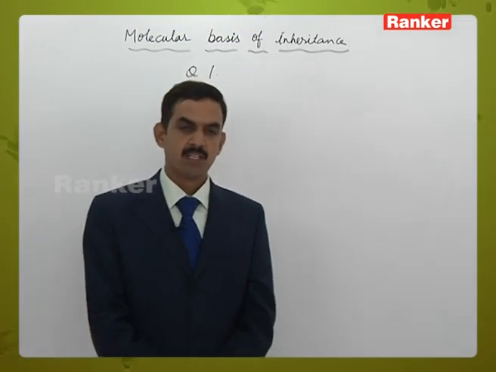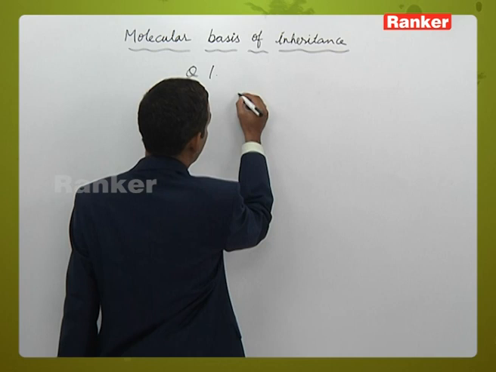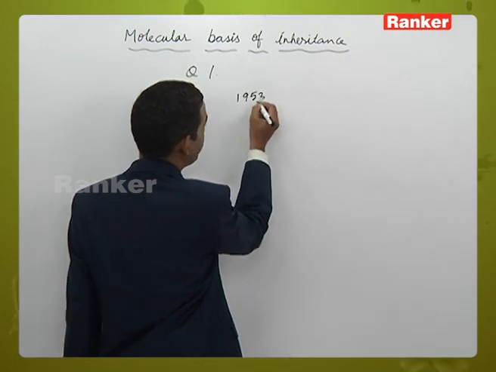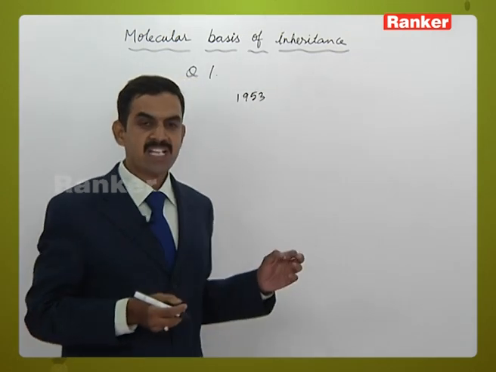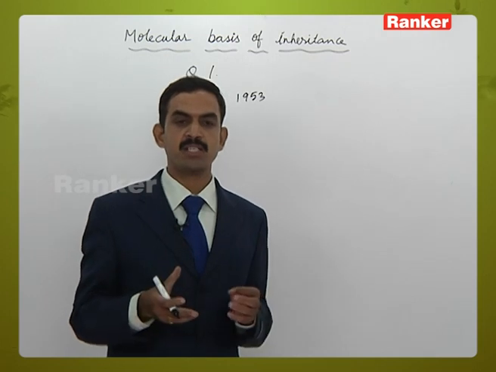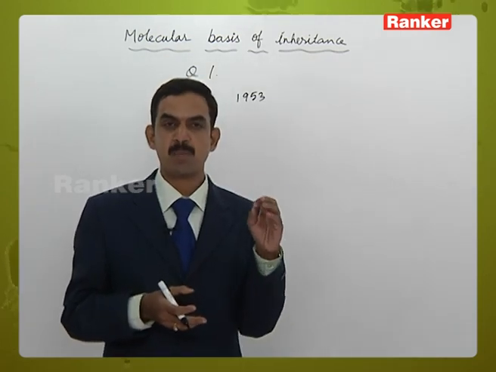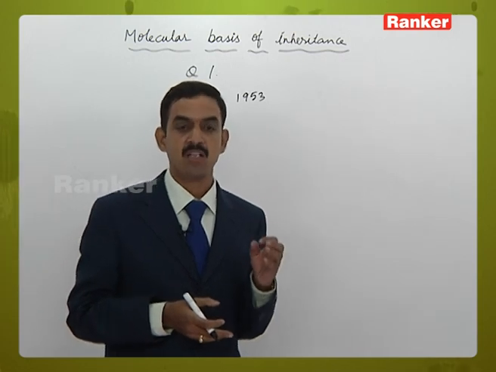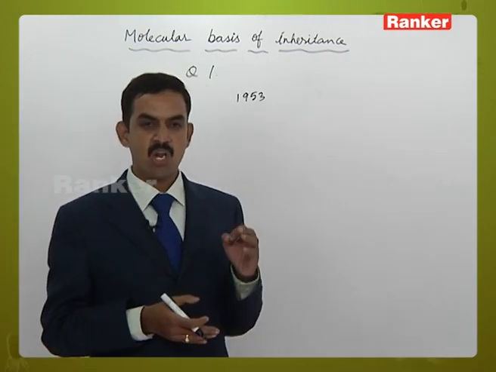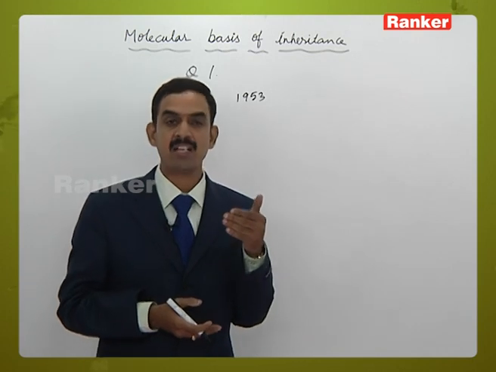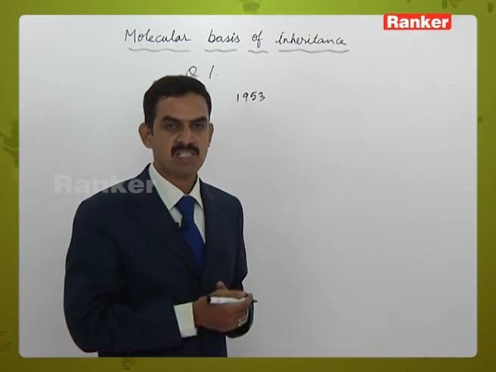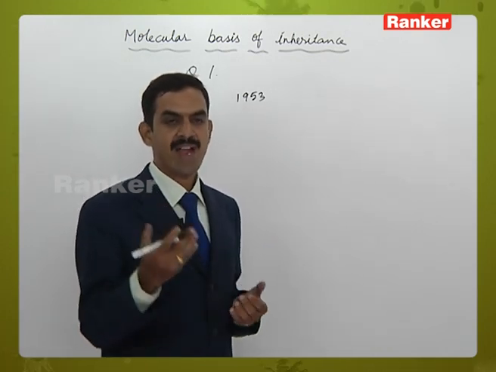Here the question is related to the year 1953. This year is considered the start of the classical period of molecular biology. Why? Because this is the year when the structure of DNA was deciphered by the scientists Watson and Crick.